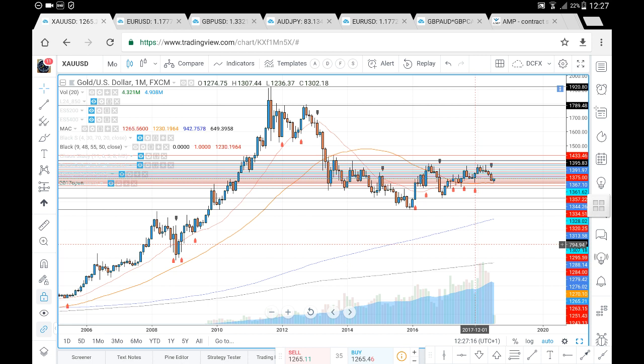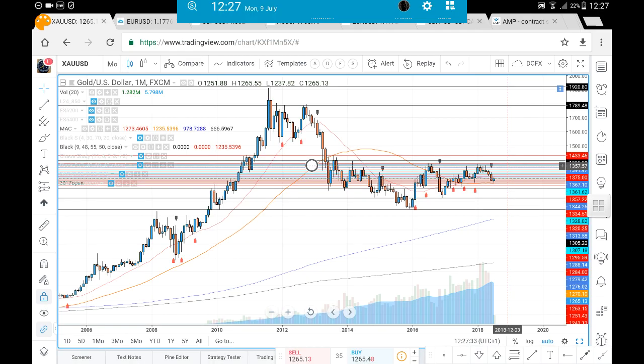So the lows that we were looking at were in around 1236.37 from December 2017, and our actual lows this time around were in around that 1237. So in around give or take $1 or so.